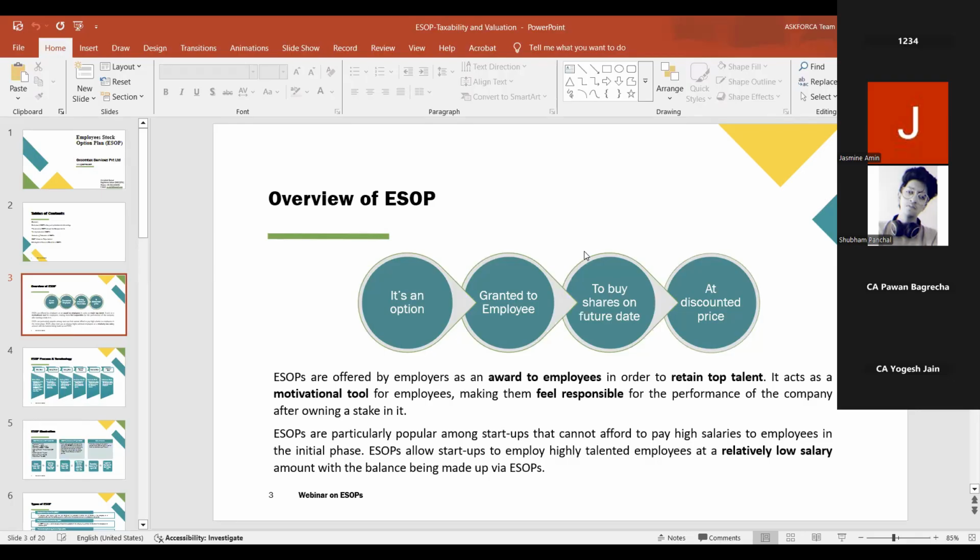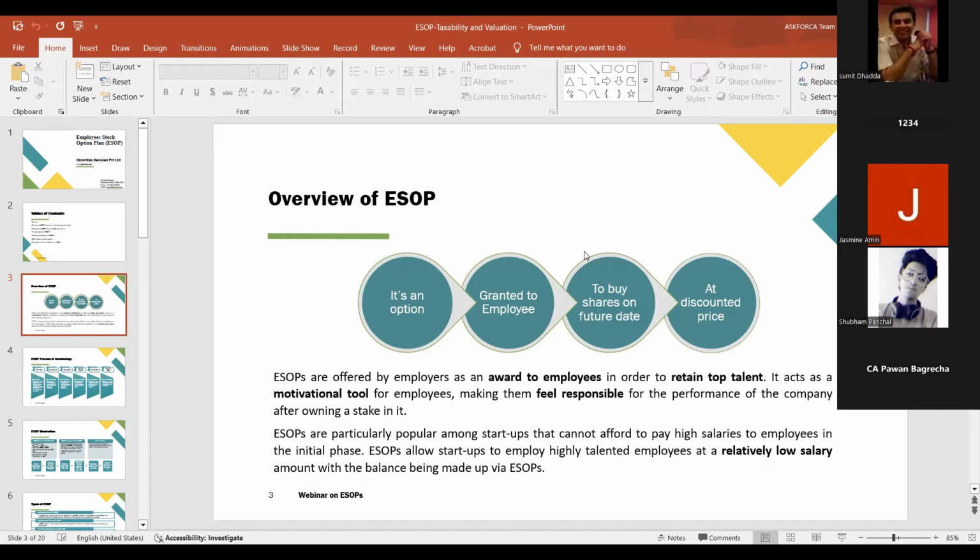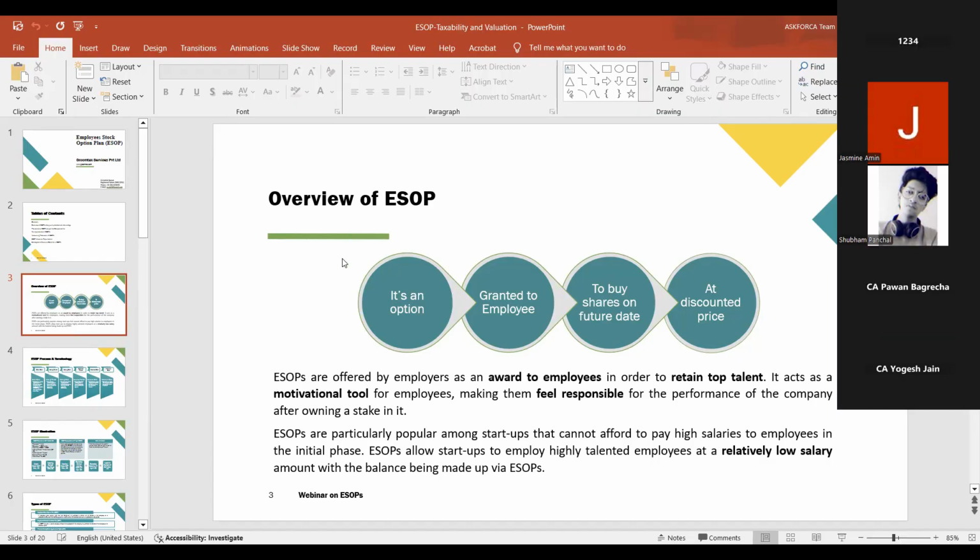And second, the employee becomes a partner in that company, so the employee also works accordingly. They have the dedication that if the value of the company increases, the value of the share increases, then the employee will also get the benefit of the same.